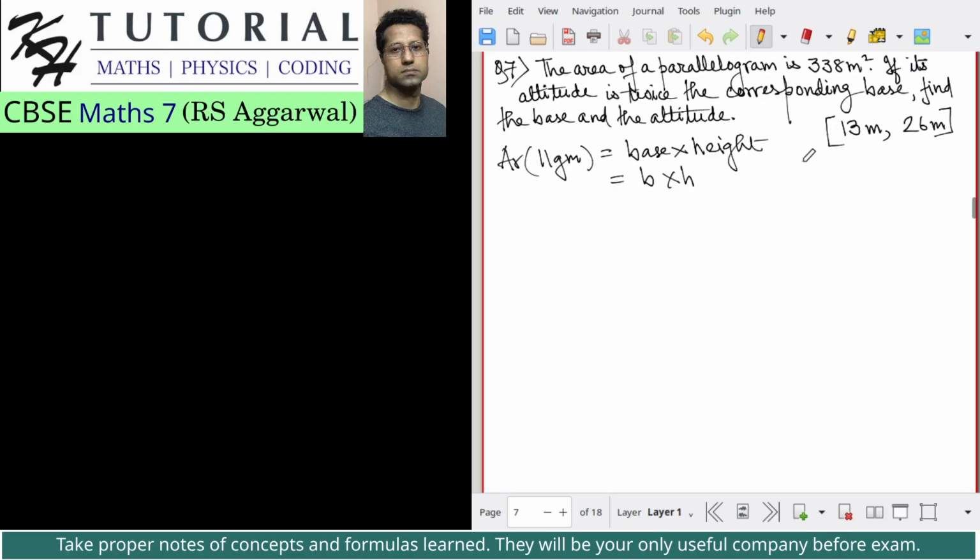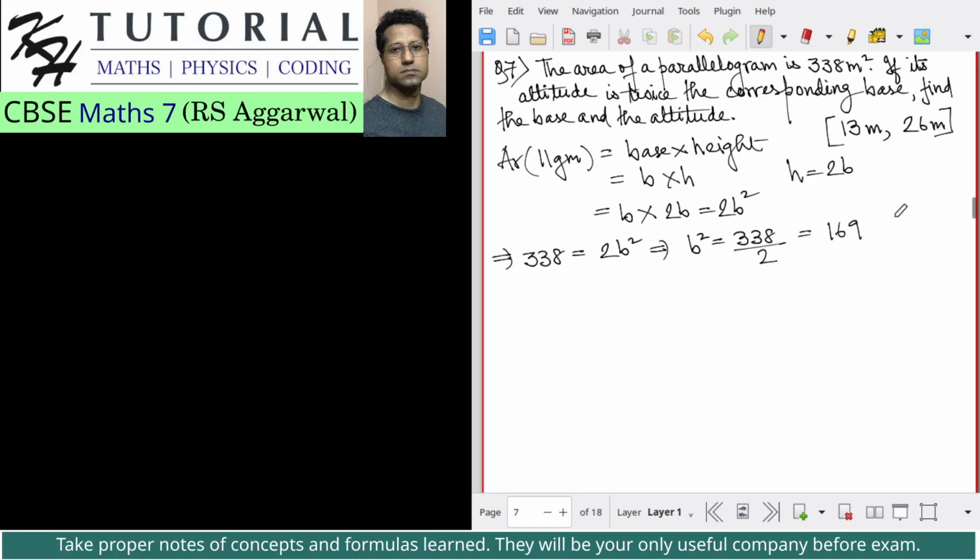Now it is given that altitude is twice the corresponding base, that is h is given to be twice the base. So now the area becomes base multiplied by 2b, which is equal to 2b square. Now the area of the parallelogram is given to be 338 meters square. So we have 338 is equal to 2b square. So b square is equal to 338 divided by 2, which is equal to 169.